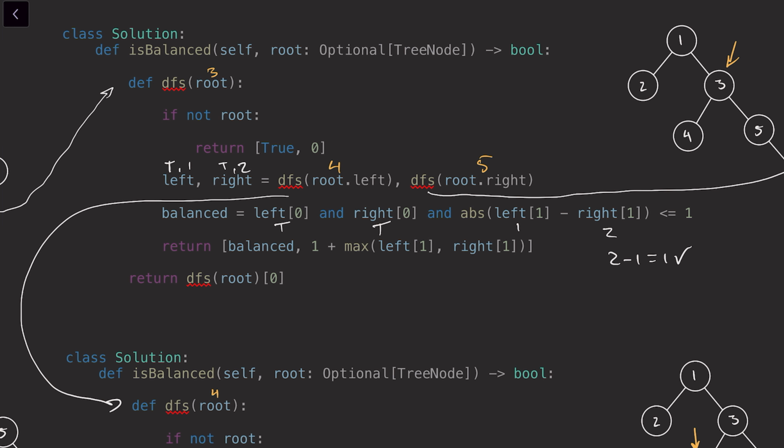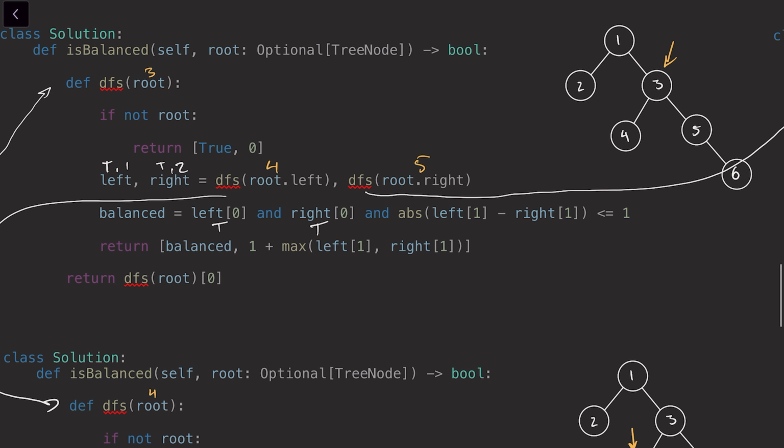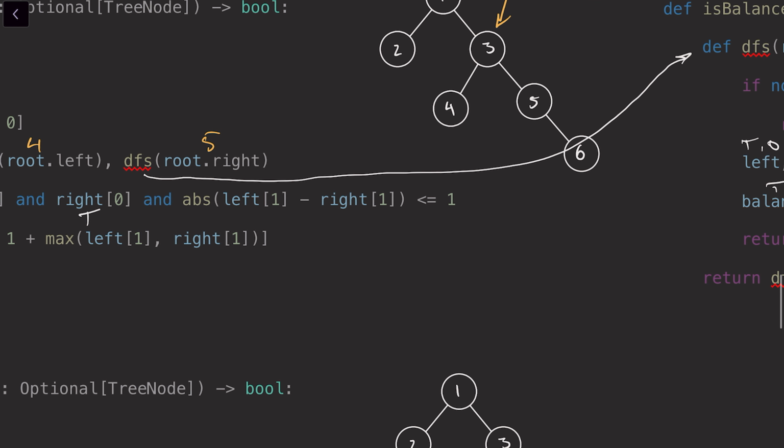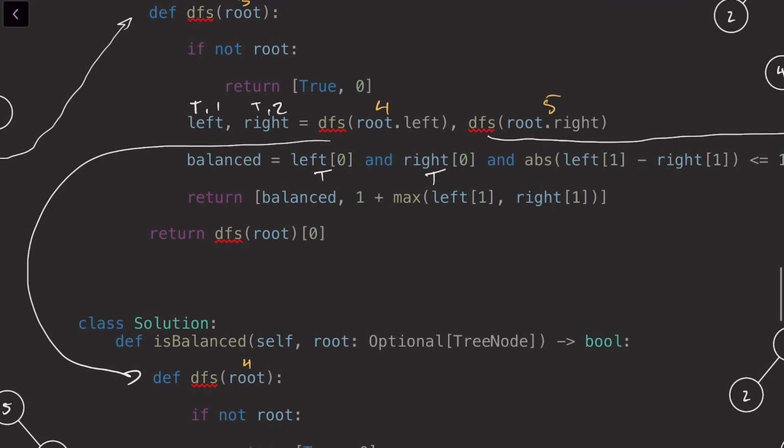Yes, that still checks out, and we can see that to be true as of yet, because the difference of this side is 1 and the difference of this side is 2. So we're not quite there yet.